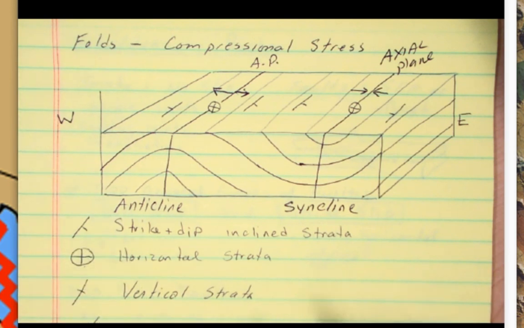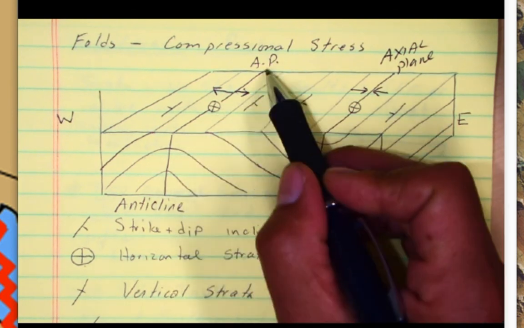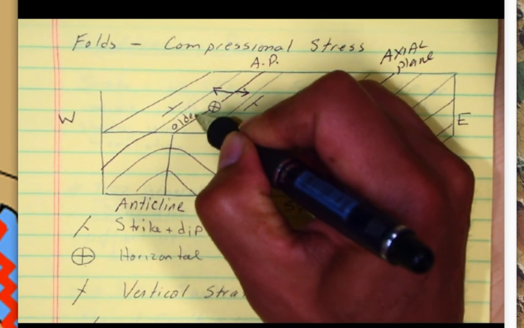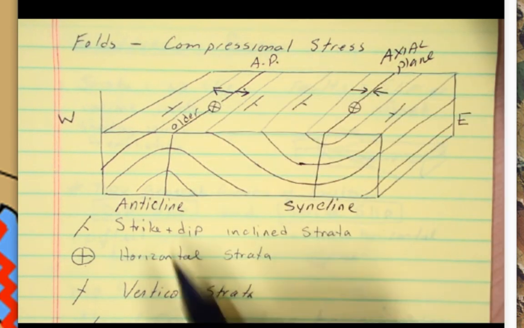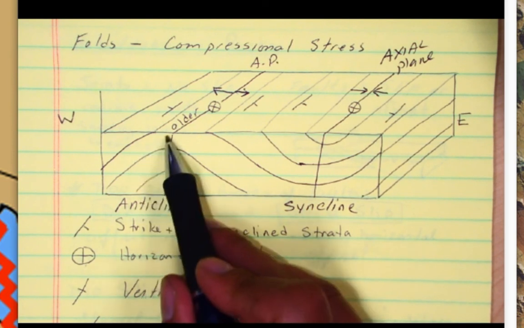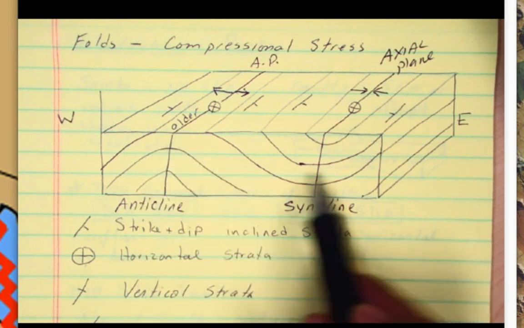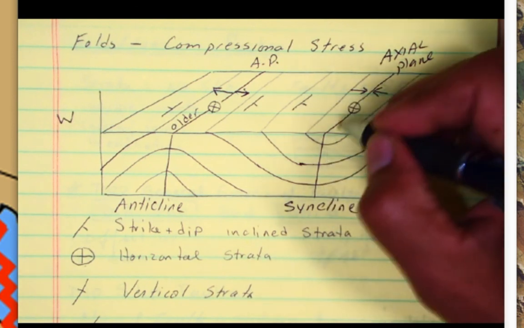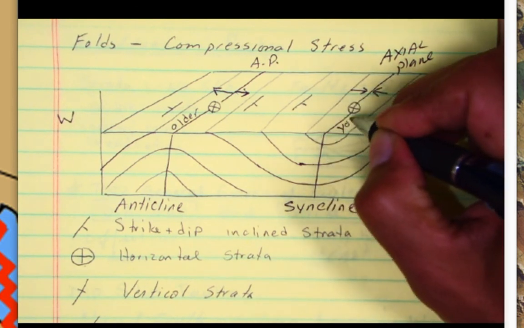The other important thing about anticlines and synclines is that along the axial plane of an anticline, you're always going to have older rock. So here, this strata is older down here, and it's at the axial plane. But for a syncline, note that the younger rock is at the axial plane.